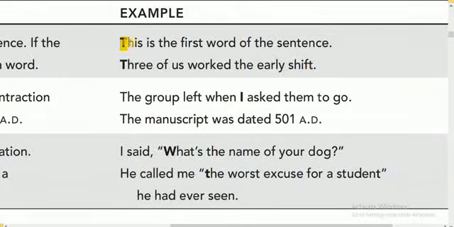We just capitalized T, right? Or if it's a number, write it as a word. Three, just three. You capitalize T. Three of us were the early shift.